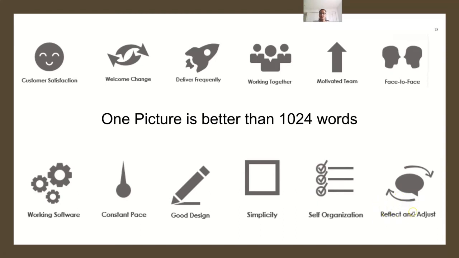Reflect and adjust. That is, self-improvement, process improvement, advancing skills and techniques. These help the team members to work more efficiently. So we have seen the 12 different Agile principles in one picture.